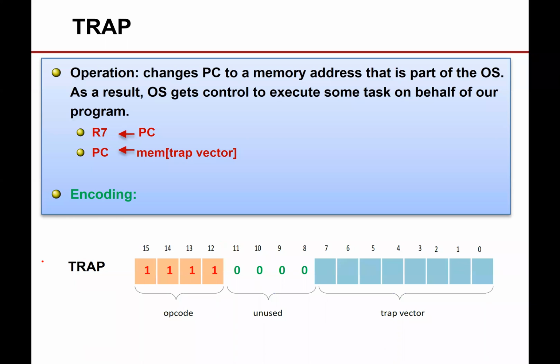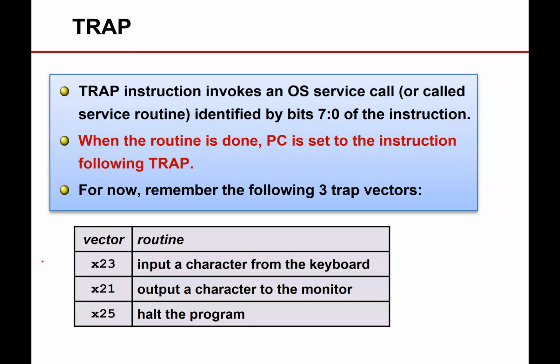The third type is called trap. This lets low level programming interact with the operating system, because the operating system sits atop the assembly level, the instruction set architecture, ISA.